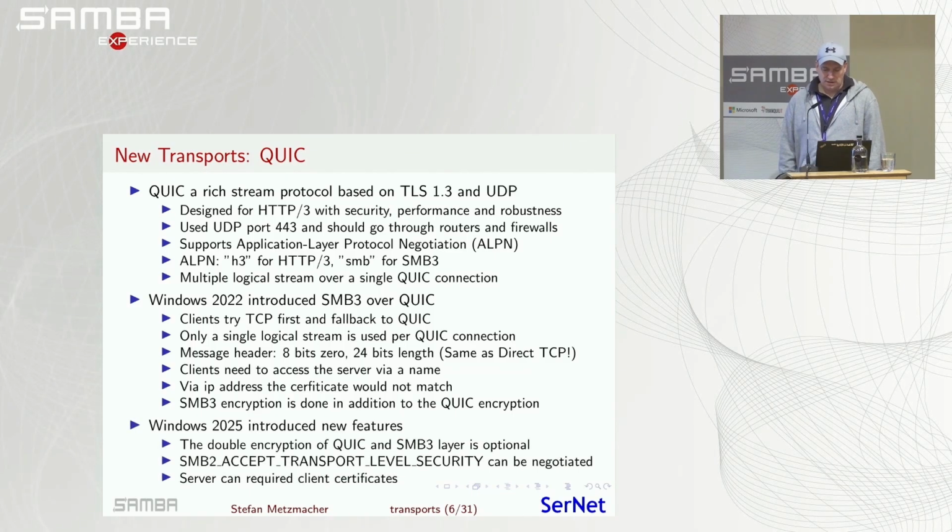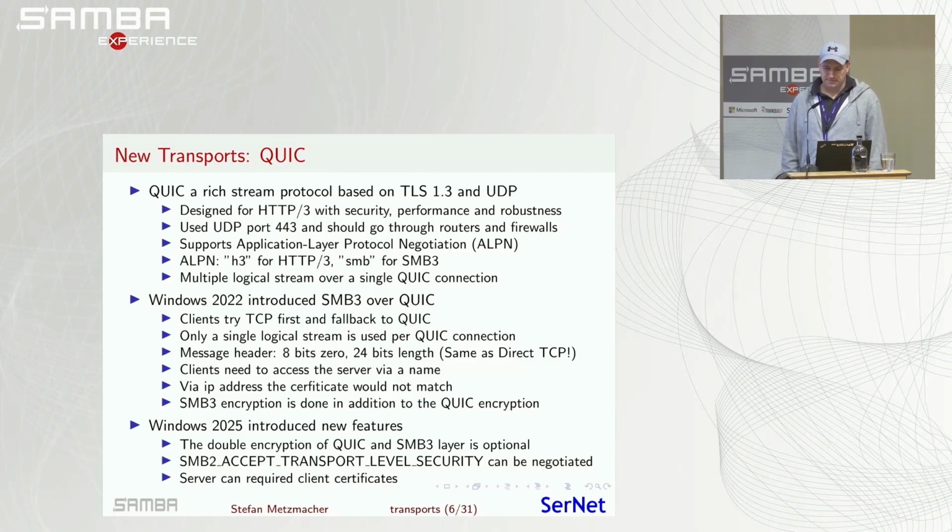Windows 2025 introduced some new features that make it possible to disable this double encryption, where client and server negotiate: now we both agree that QUIC encryption is good enough.